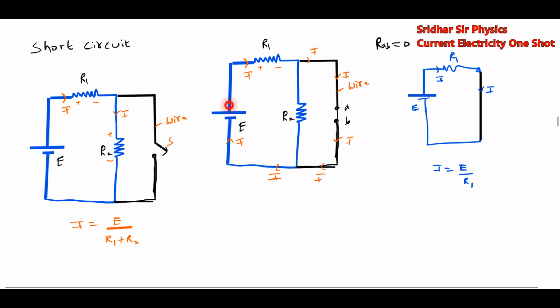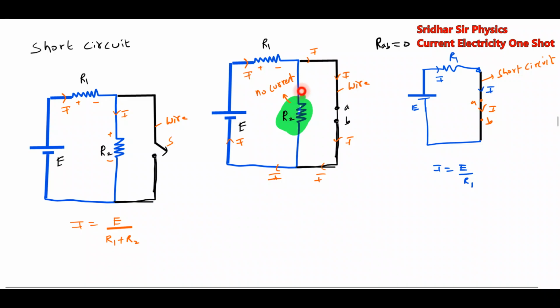The current will take a path like this. No current here. So what is a short circuit? This particular thing is what we'll call a short circuit. So when a resistor is shorted, no current will pass through it.